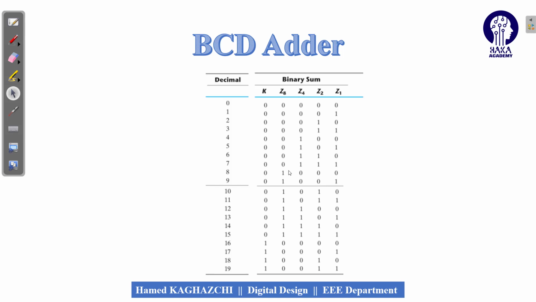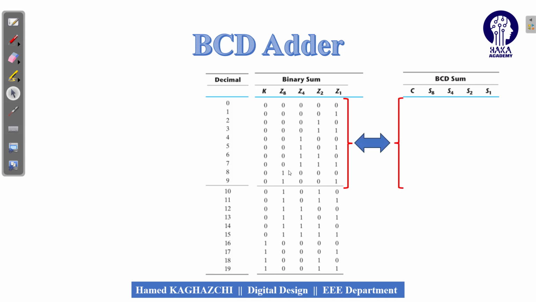Now, what's happening when the addition of two BCD codes is between 0 and 9? We said that when the BCD addition is between 0 and 9, the same thing is written in the output. So in the output we will have S1, S2, S4, S8 and also carry. We say that the numbers between 0 and 9 are directly written in the output, because we don't need to add anything to the output, because the addition is in the range of the BCD code.